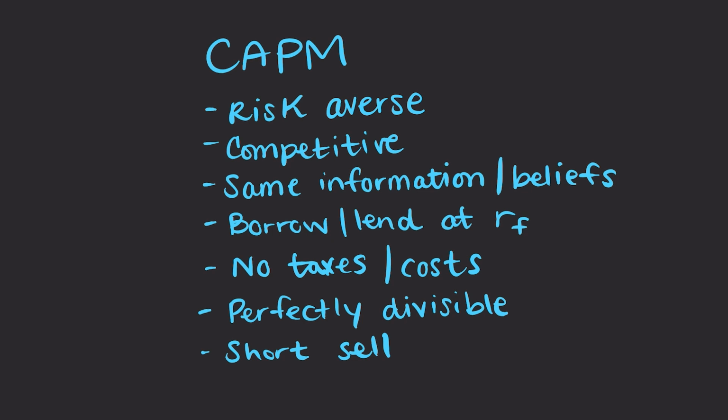So if the CAPM assumptions hold, every investor has the same combination of stocks. And if every investor has the same combination of stocks, then the weights of the tangency portfolio should be the same as the weights of the market as a whole. So the tangency portfolio is really the market portfolio.